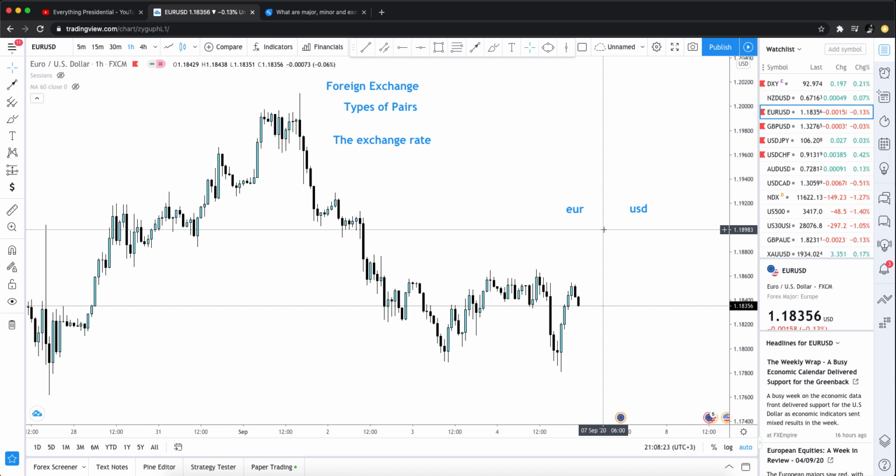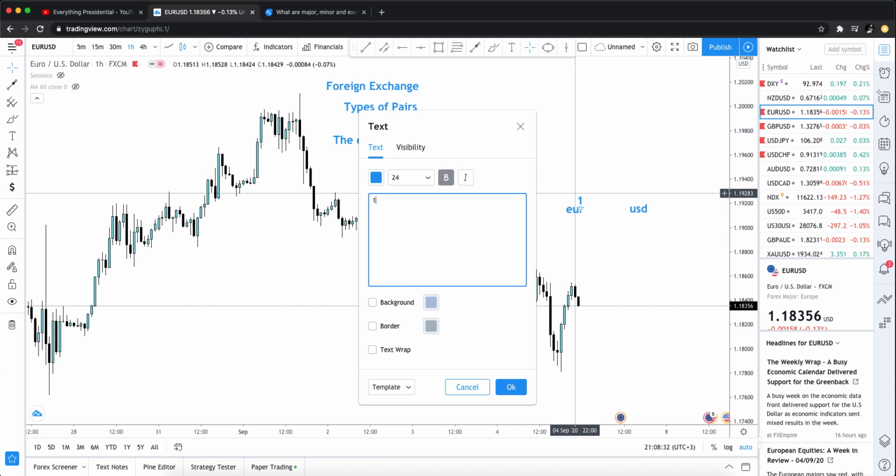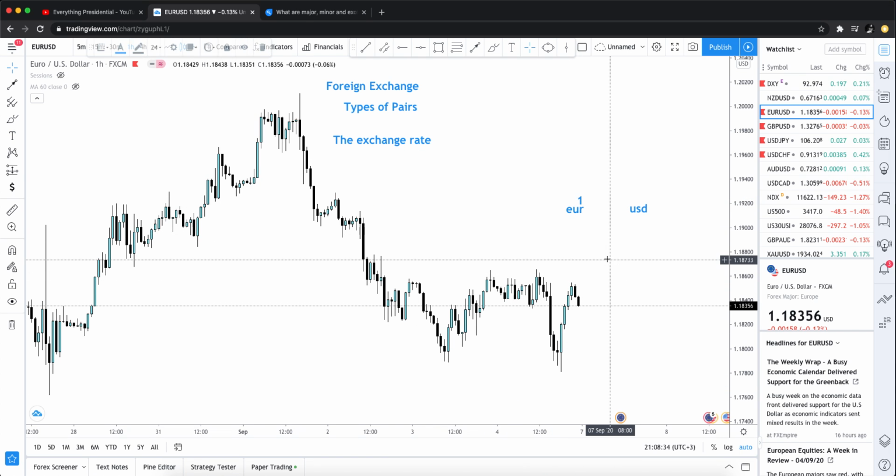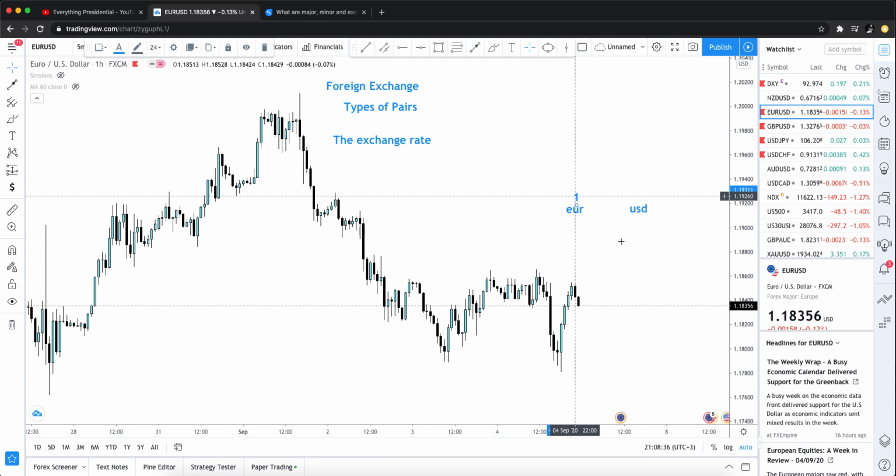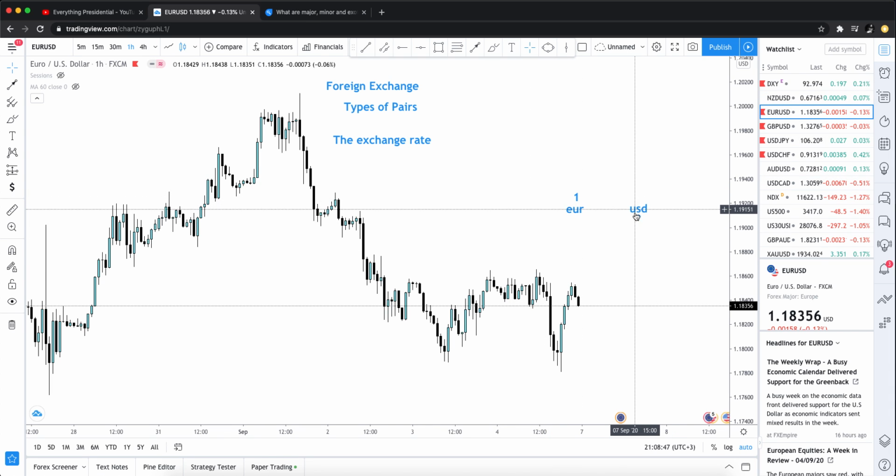Let me explain this in a better way. Let's say you go to an exchange and you tell them I want 1 euro. The base currency is always going to be 1 unit of that currency, okay? So the first base currency of any pair is going to be 1. So you want 1 euro. Now how many US dollars do you have to pay in order to get 1 euro?